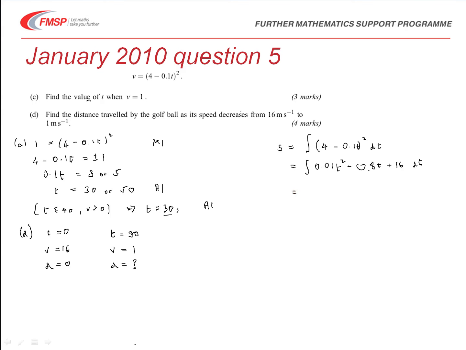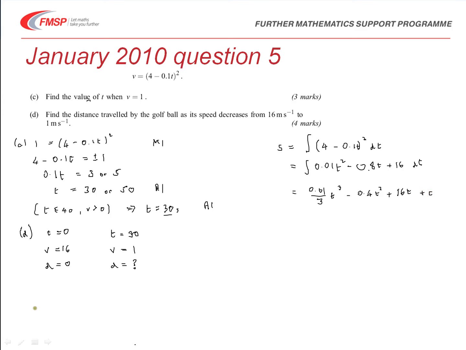So when I integrate this, well, what am I going to get? I am going to get 0.01 over 3 t cubed minus 0.4t squared, so that was t squared over 2, plus 16t plus a constant.